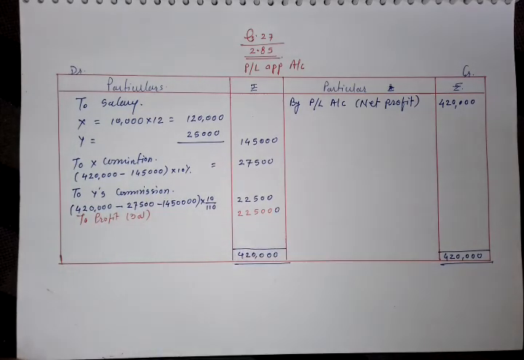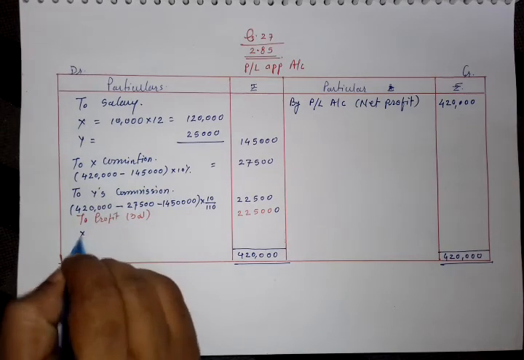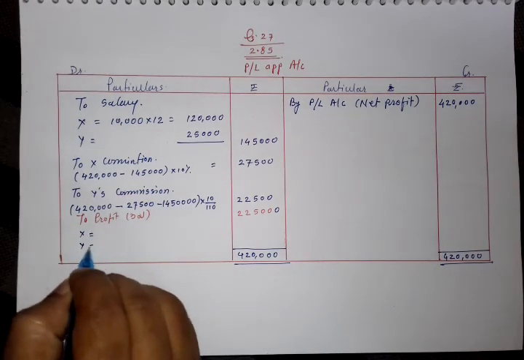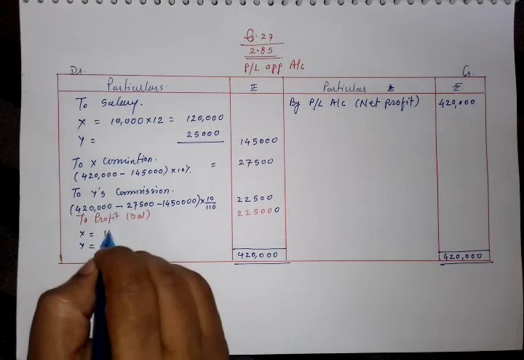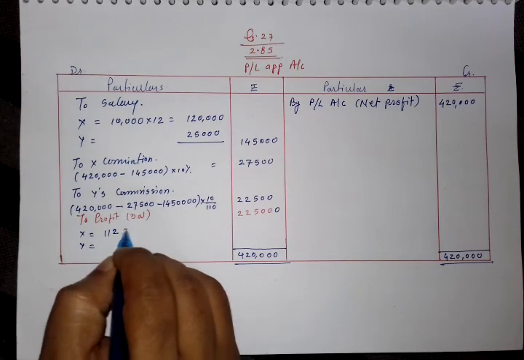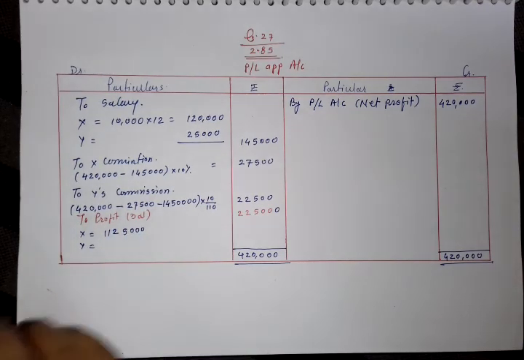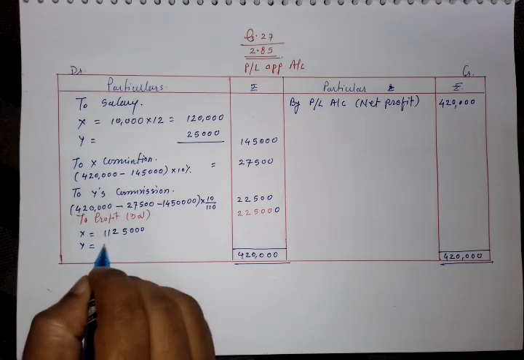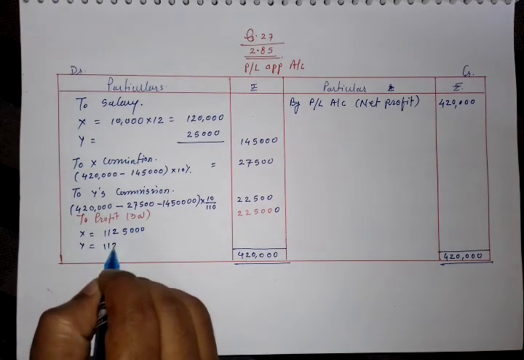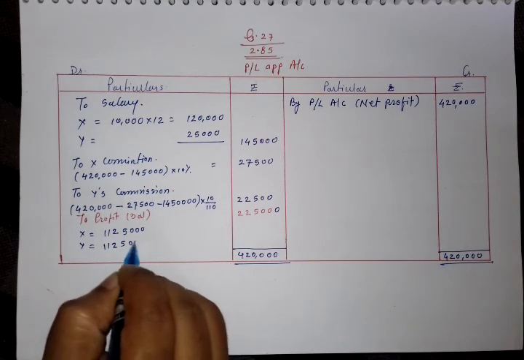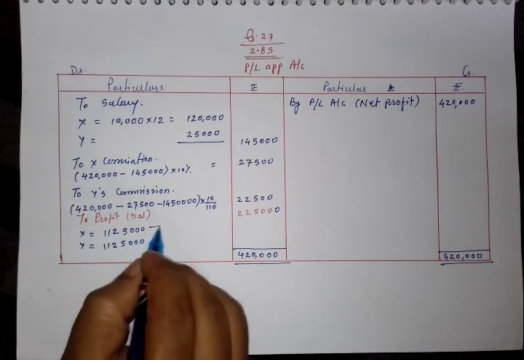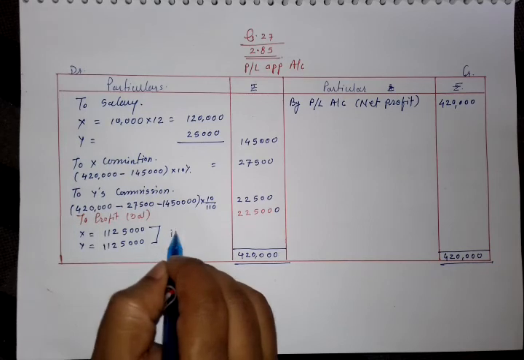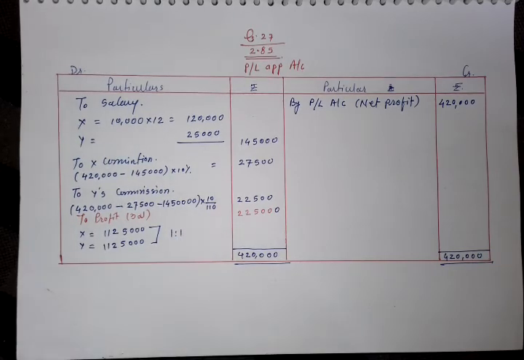So for X the amount is 1,12,500, and this will be the same for Y, 1,12,500. Okay, that is clear. Why? Because they are equal partners.